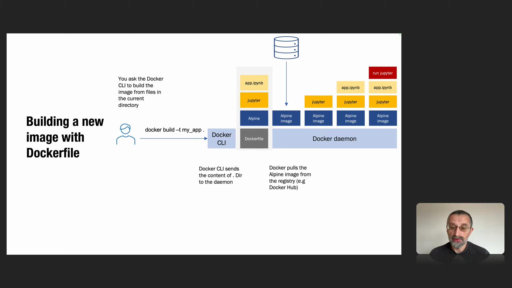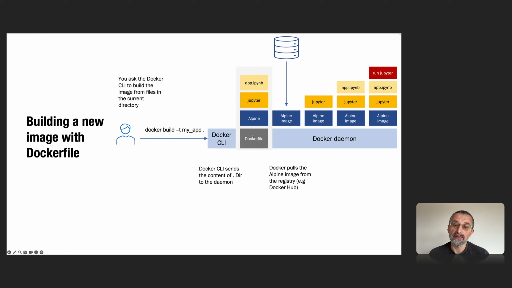Docker pulls the Alpine image, if Alpine is in your first line, though you may obviously have some other light Linux distributions, from the registry, for example from Docker Hub. So imagine that this is the local file, and the first line is Alpine, next you have Jupyter, next you have your notebook, app.ipynb.